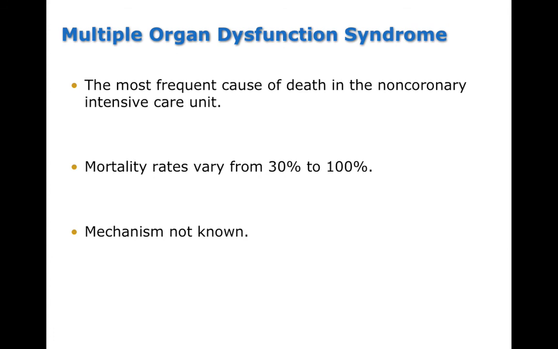So, for instance, if the kidneys would normally compensate for your blood vessels or your heart, if multiple organs are shutting down, then with these compensatory mechanisms, you're losing your options in terms of keeping your blood pressure up. So unfortunately, with multiple organ dysfunction syndrome, mortality rates can vary from anywhere from 30 to 100%, depending on the condition. And the mechanisms of this aren't directly known, but it's just known that multiple organs shut down simultaneously. So it's a little more complex.